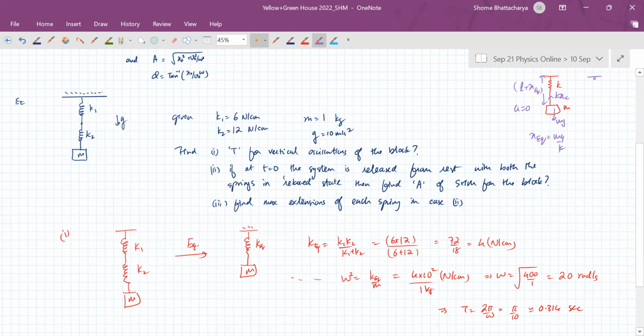So if you displace the block, let's say y downwards, then the extension now becomes like this.